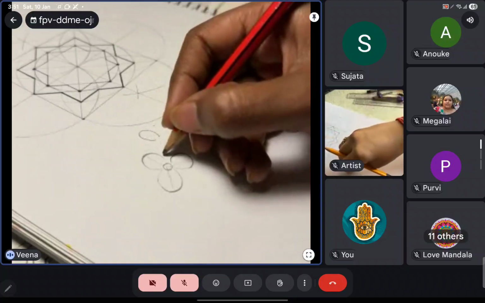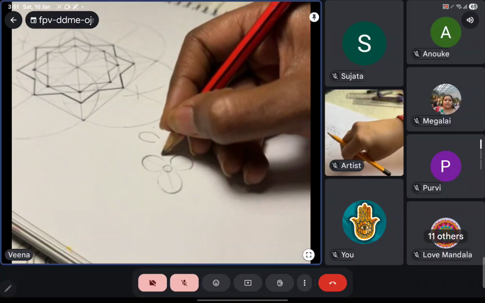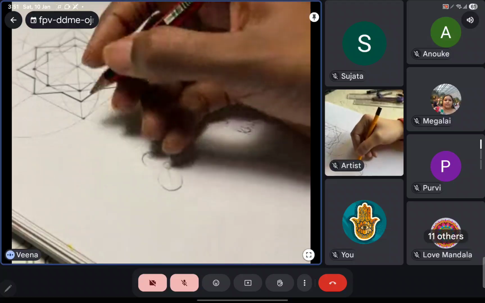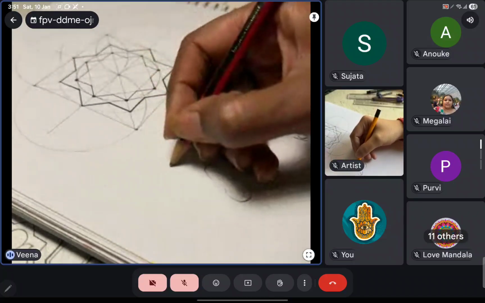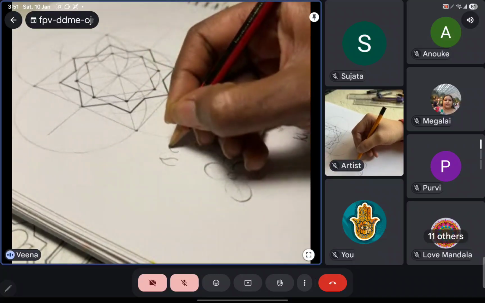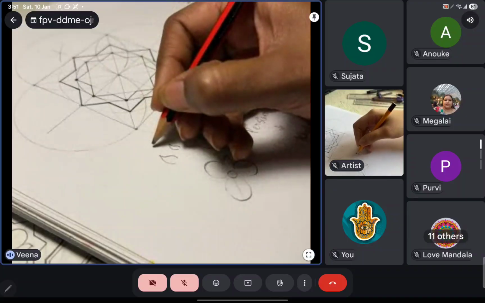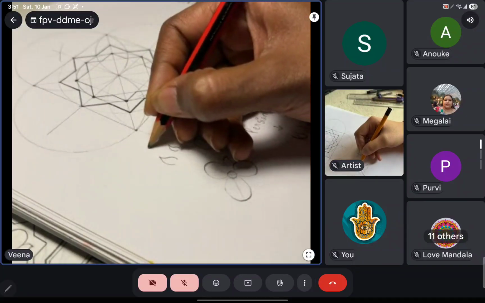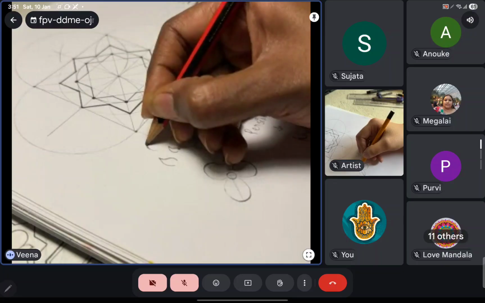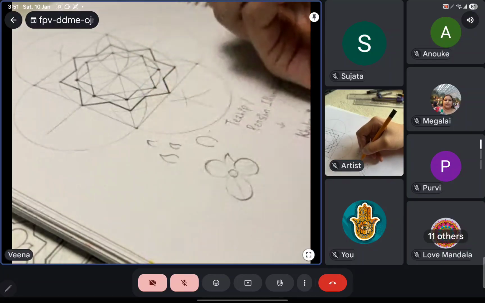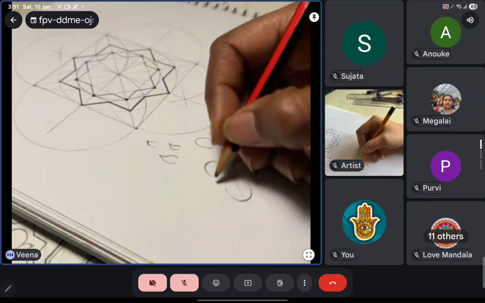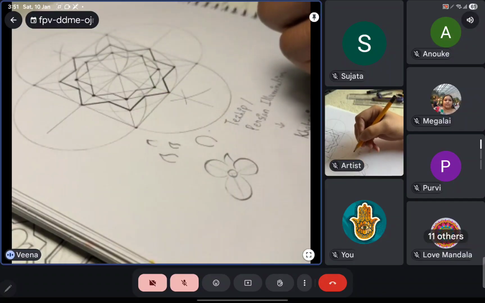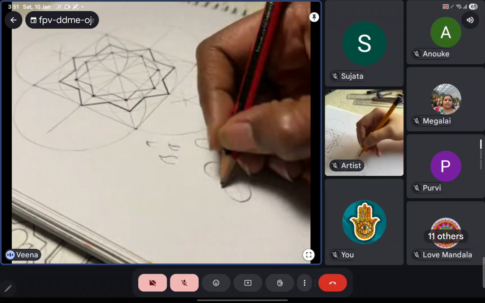Even with the leaves, we start like this, right? So normally we would just draw like this or like this, right? So this is the beauty of this particular drawing, where you give emphasis at a particular point like this. This is how it was traditionally done with the ink pen and the ink that they had.